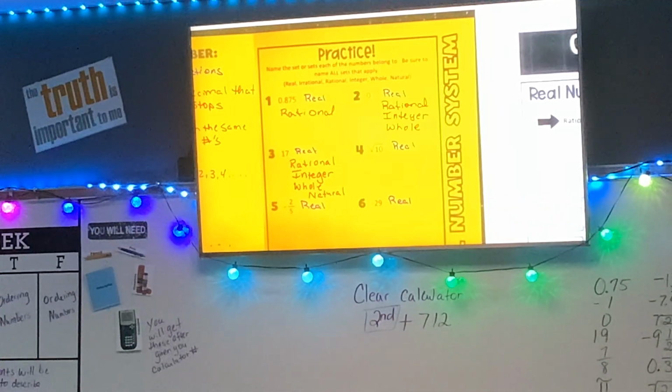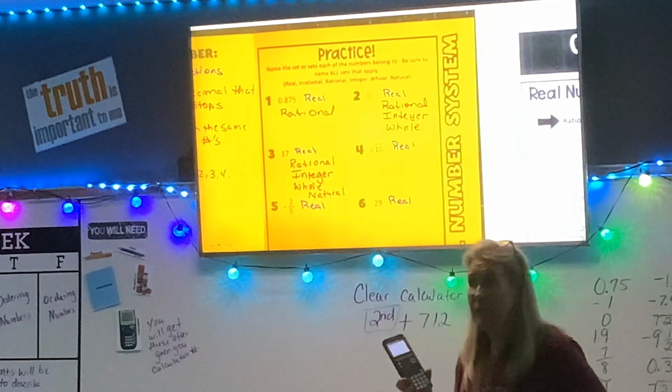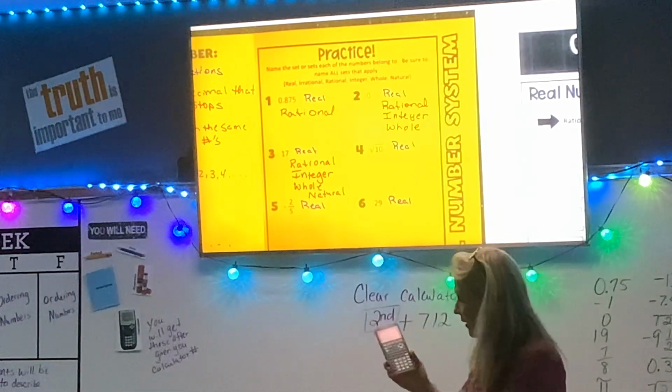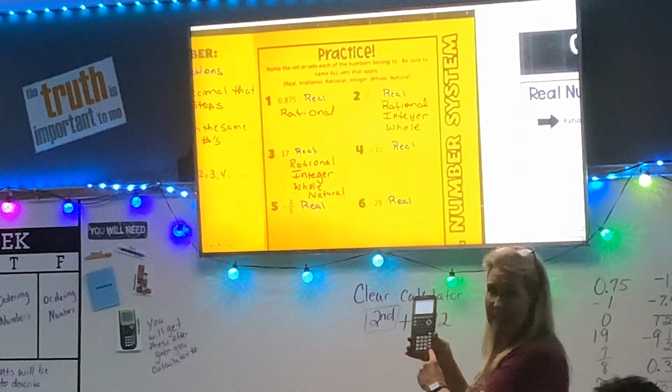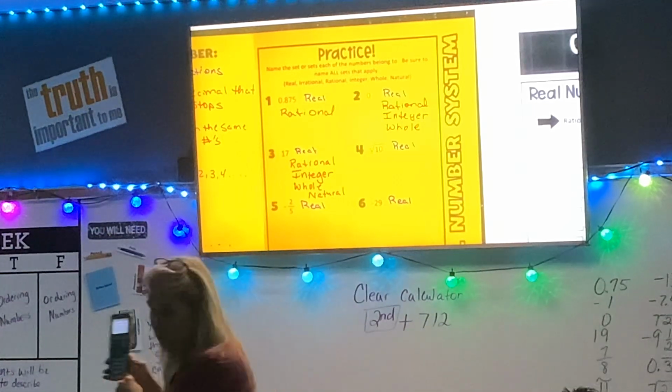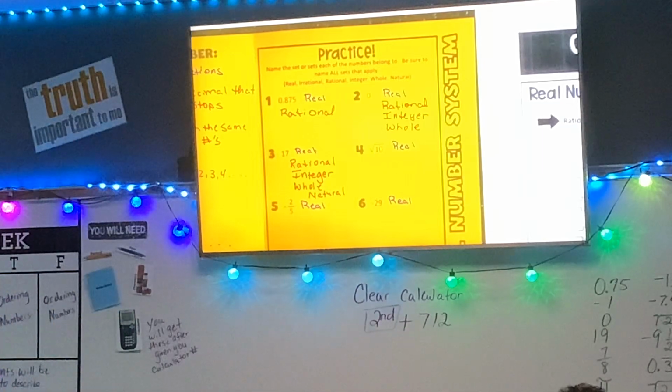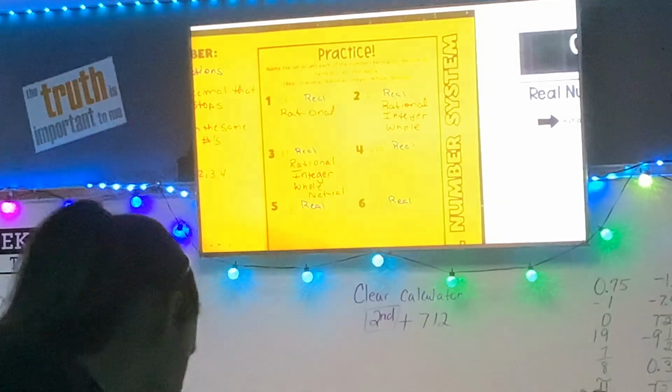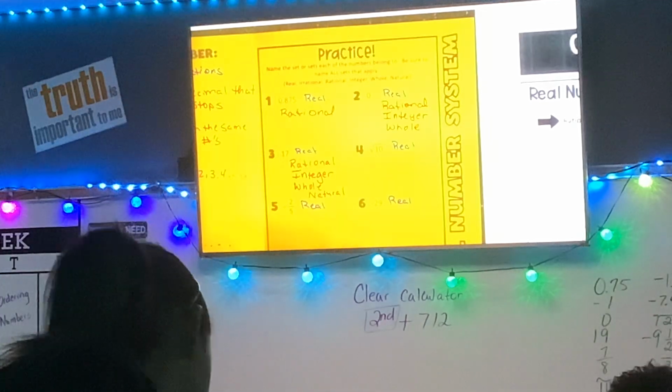Now first period I kept saying hit enter. They kept looking at me like, I don't see an enter. Some of y'all's enter has been used so much it's kind of blurred. Enter is on your right hand side below the plus sign, the very bottom button. Yours might just be a smudge. You might just see an E. And hit enter. And it is irrational.